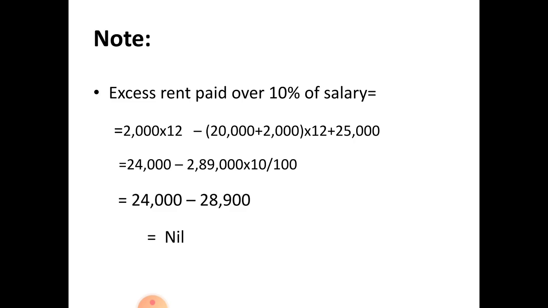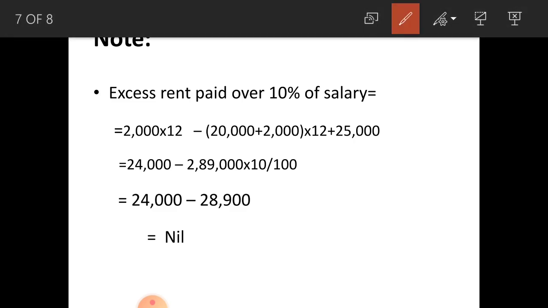Salary means basic plus DA for 12 months plus 1% commission on annual turnover, that amounts to rupees 2,89,000 salary for 1 year. 10% of that amounts to rupees 28,900. So the 10% of salary is more than your rent paid.